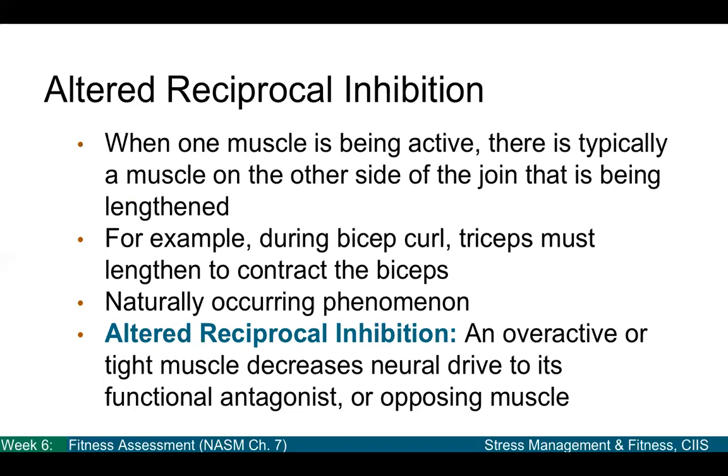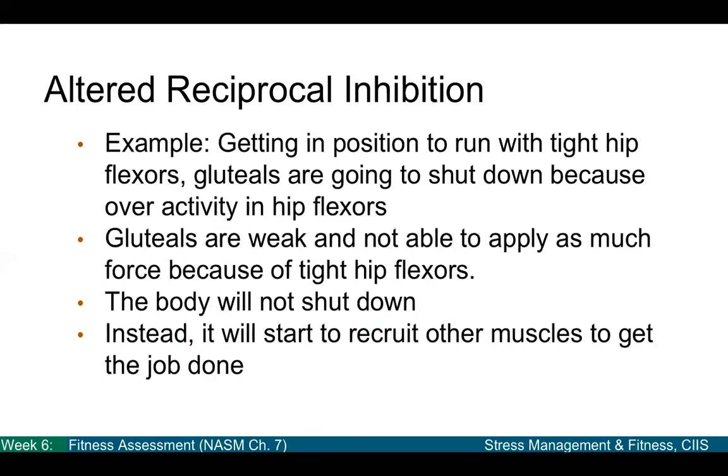antagonist or opposing muscle. Remember, all of these muscles are talking to one another and ultimately talking to your central nervous system. And this type of integrated conversation your body has with your muscles and your central nervous system will result in altered reciprocal inhibition.